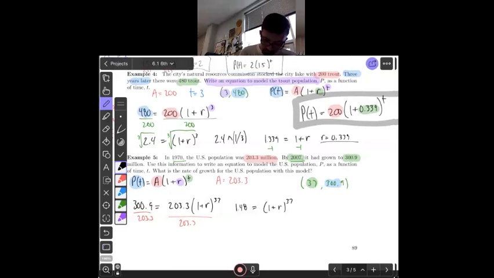So now I need to get rid of that 37th power. I'm going to do that with a 37th root. Definitely something we're not used to, but I'm going to talk to you guys about it in class. Instead of that, we're going to do 1.48 to the 1/37th power.